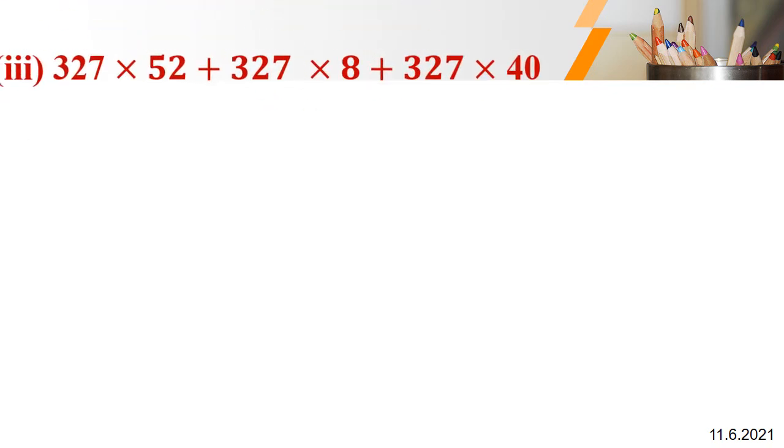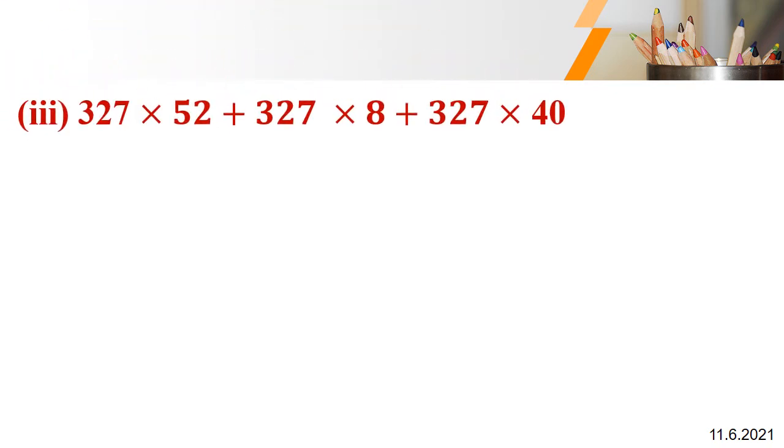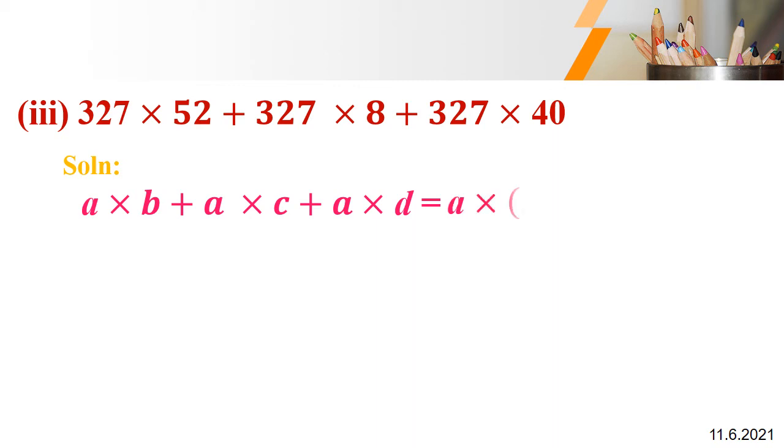Now let's see the third problem. 327 into 52 plus 327 into 8 plus 327 into 40. So here, using the distributive property of multiplication over addition, that is, A into B plus A into C plus A into D equal to A into (B plus C plus D).